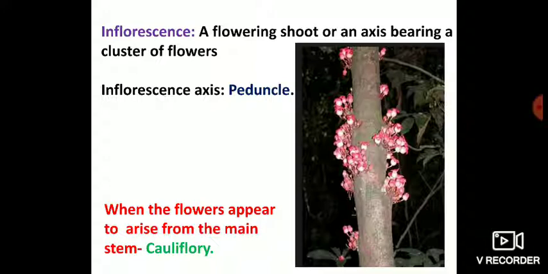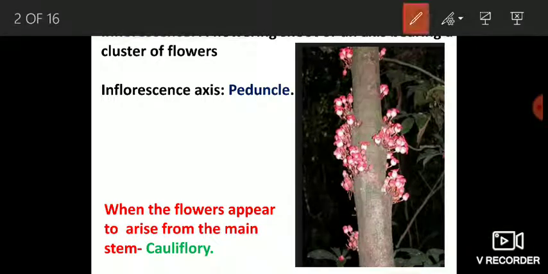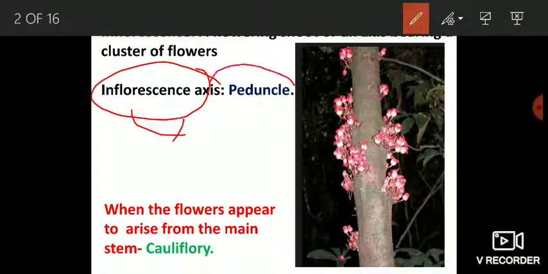If you have to define an inflorescence, you can simply say it is a flowering shoot or an axis which bears a cluster of flowers, and the inflorescence axis which bears the cluster of flowers is known as peduncle in botanical terminology.